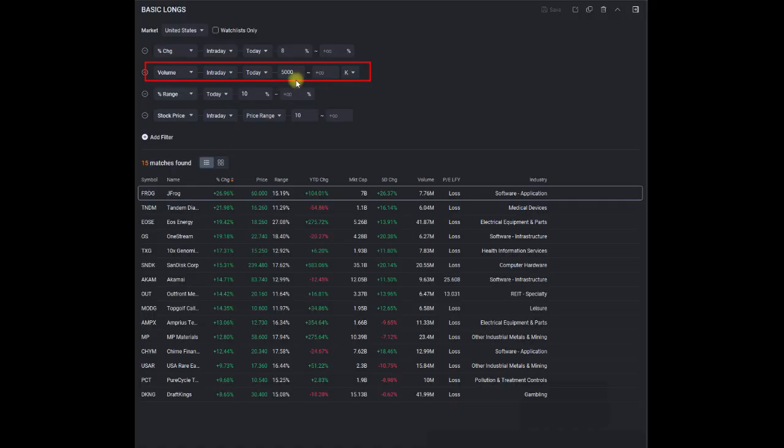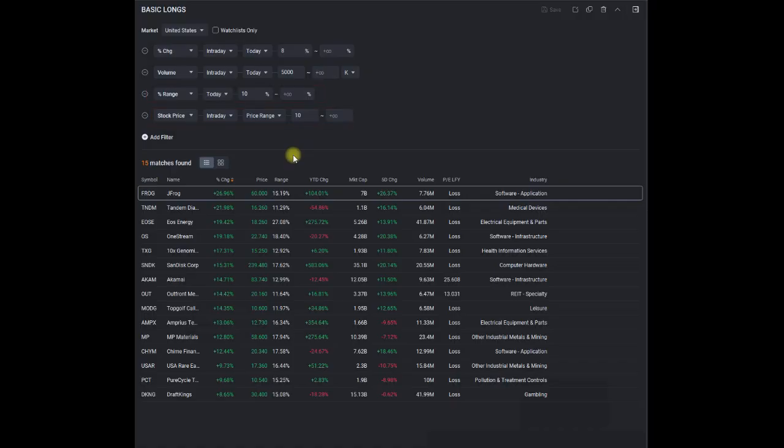You need stocks that are trading over 5 million shares, which is not a big deal in the US equity markets. You want stocks that are already up over 8%, and you want stocks whose intraday range is 10%, and you want the price of the stock to be above $10.